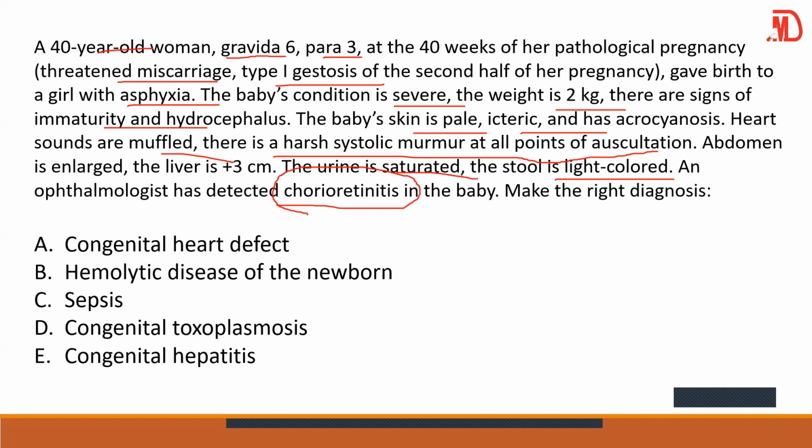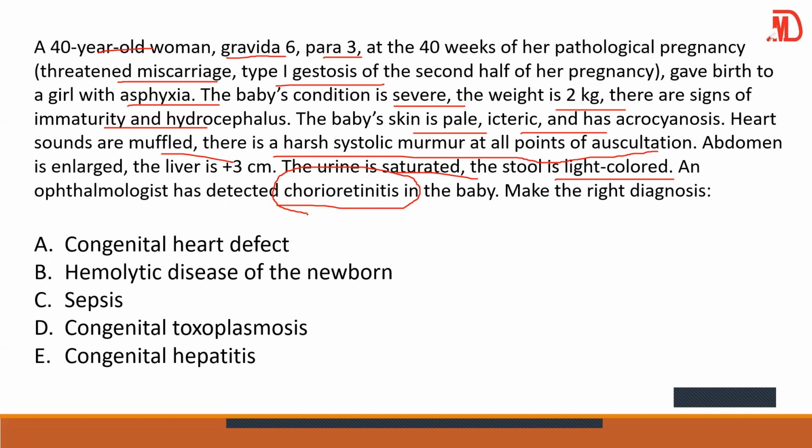Now, chorioretinitis is an inflammatory process that involves the uveal tract of the eye. In a neonate, the inflammation is usually caused by a congenital viral, bacterial, or protozoal infection.